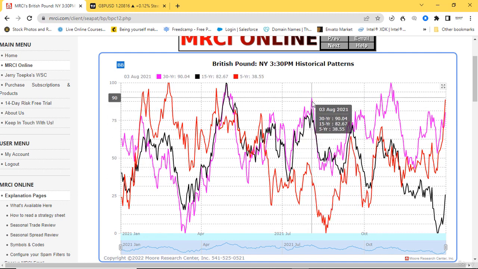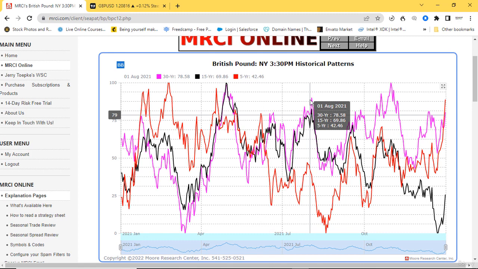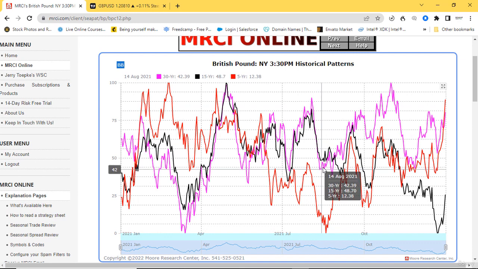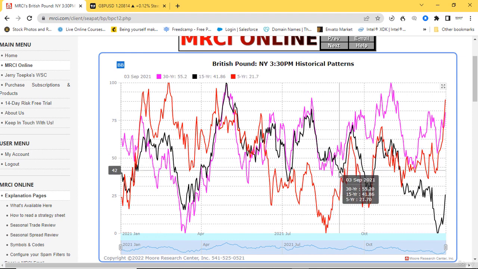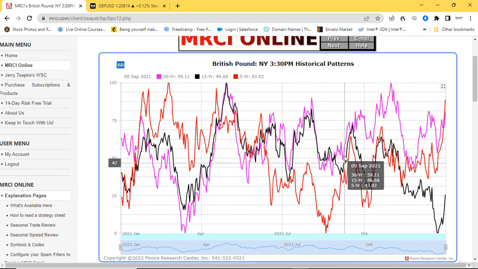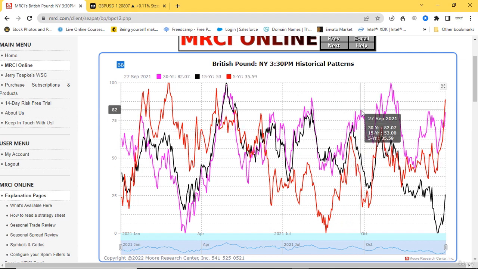So if you wanted to look at August, you could see the pound selling off over the last 30 years for the month of August. And then once we get into September, we see it starting to rally back.